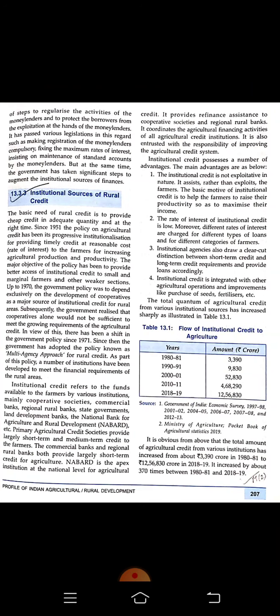The basic need of rural credit is to provide cheap credit in adequate quantity and at the right time. Since 1951, the policy of agricultural credit has been its progressive institutionalization for providing timely credit at reasonable cost, that is, a low rate of interest, to the farmers for increasing agricultural production and productivity.